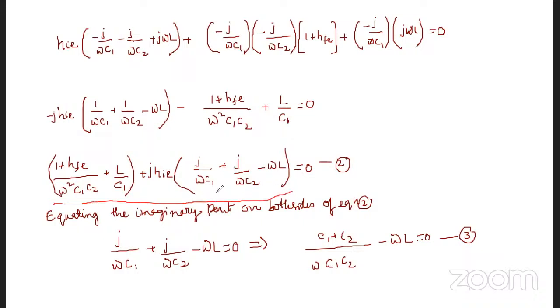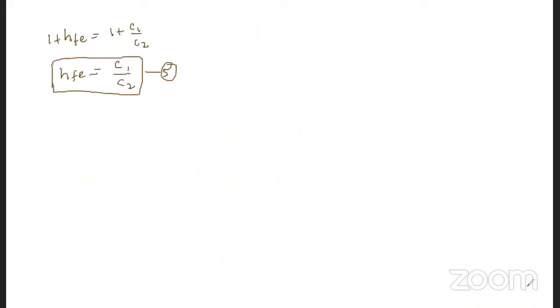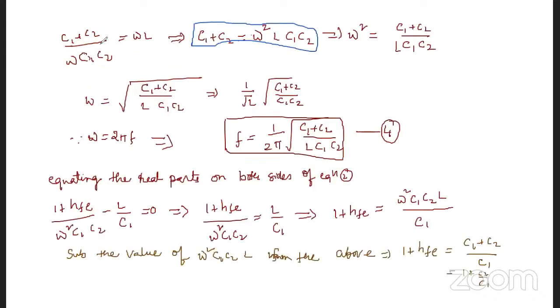Then we equate the imaginary part in this equation. If we equate the imaginary part, we get j by omega C1 plus j by omega C2 minus omega L, which we can write as (C1 plus C2) by omega C1 C2 minus omega L. From that we can get the value of omega squared.